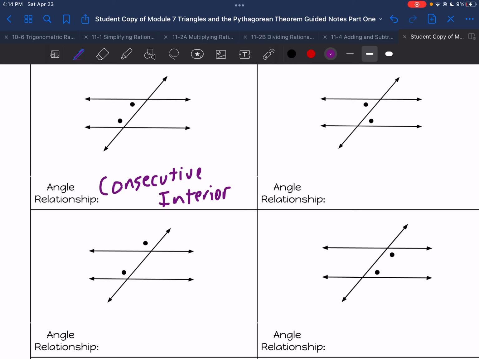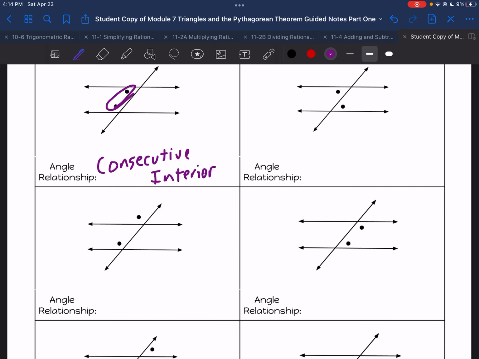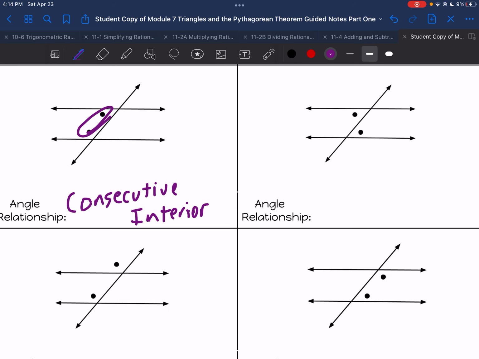They're on the same side of the transversal, and they are next to each other. Our next one, they're on opposite sides of the transversal, and they're in between our two parallel lines. So this is alternate interior angles, AI, alternate interior angles.